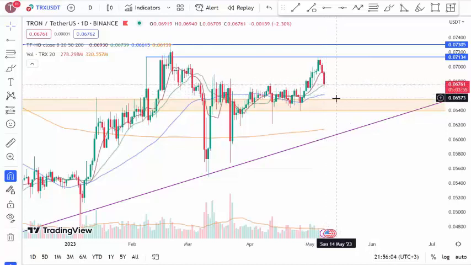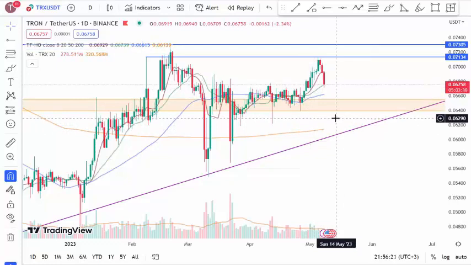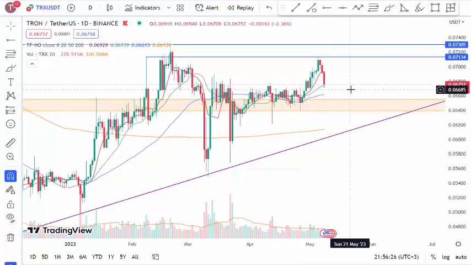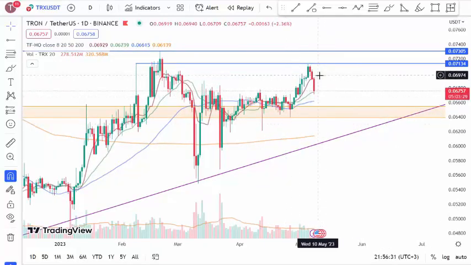Of course, one of the points we want to see is the breaking of the moving averages, especially the 200-day moving average. Because once the 200-day moving average is held, it is likely that we will see an upward movement again. Therefore, although the moving averages are currently upward, there has been a decline in the last 3 days. We can say that the moving averages will be downward in the coming days if the decline continues.